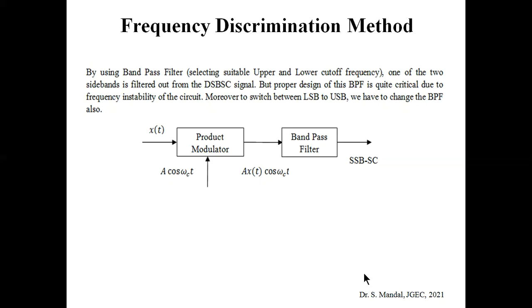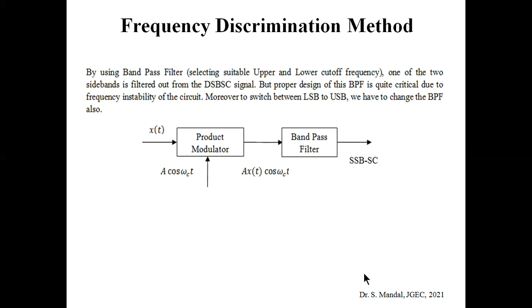In that case, USB will pass through it, whereas LSB will be suppressed. And if we are using a bandpass filter whose lower cutoff frequency is omega_c minus omega_m and upper cutoff frequency is omega_c, then obviously only LSB will pass, but USB will be suppressed. That means we will get SSB for the LSB.